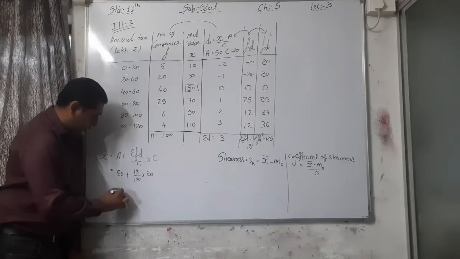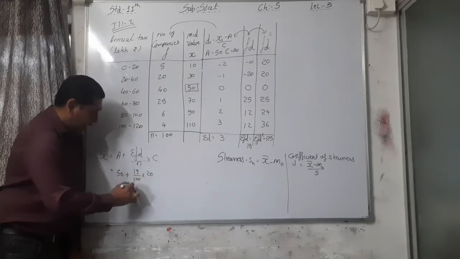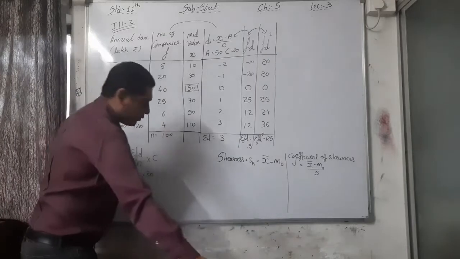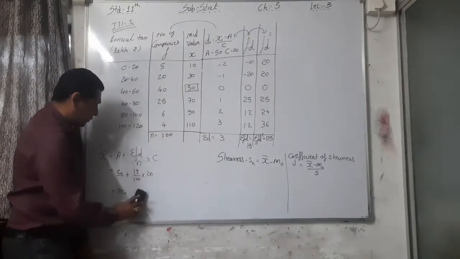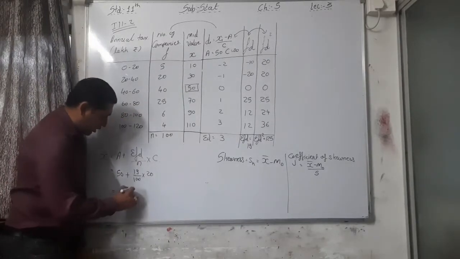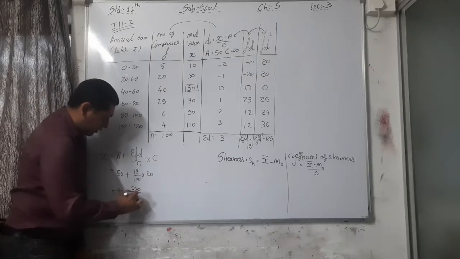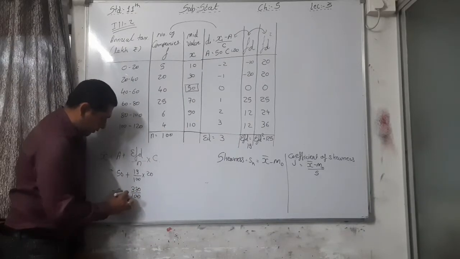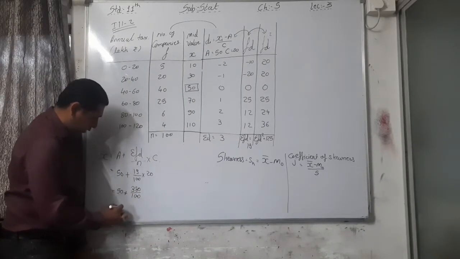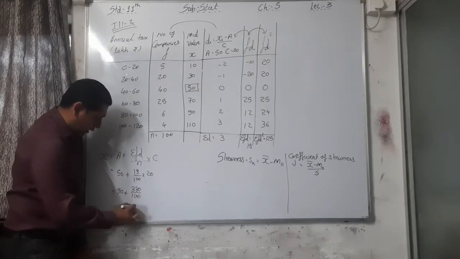So here 50 plus 19 into 20, that is 380 divided by 100. So you can say 50 plus 3.8.